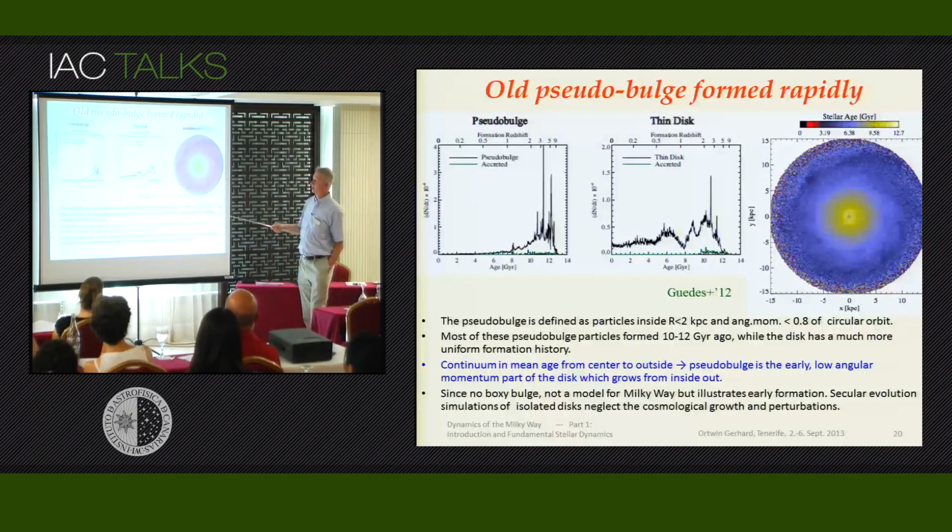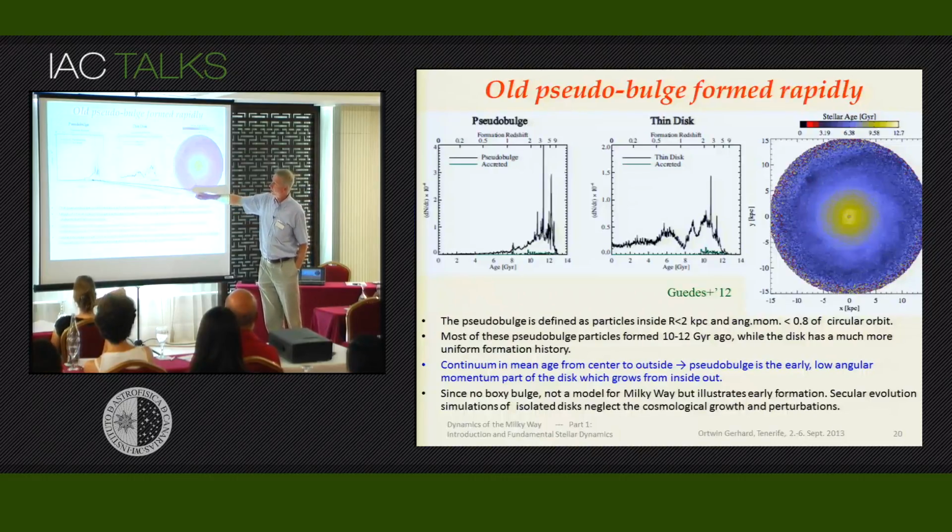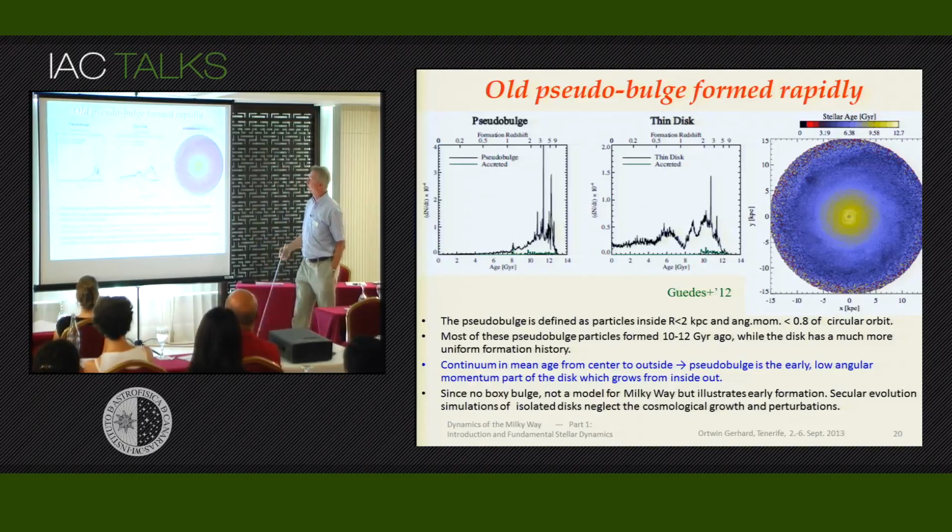And bulge here is defined to be basically stars on non-circular orbits in the center, and disk everything else. And you can see that when you look at these two plots, most of the bulge stars were actually formed quite a long time ago, and most of the disk stars, even though a fair number was formed a long time ago, there's still a lot of disk stars being made today.